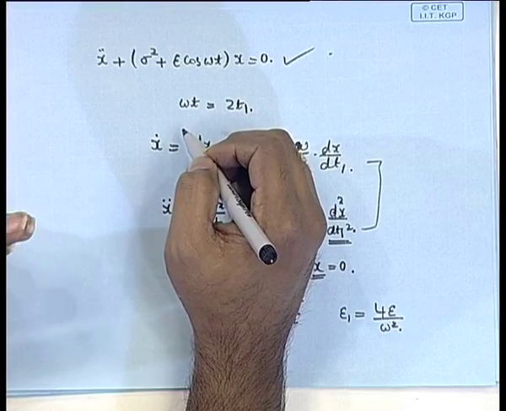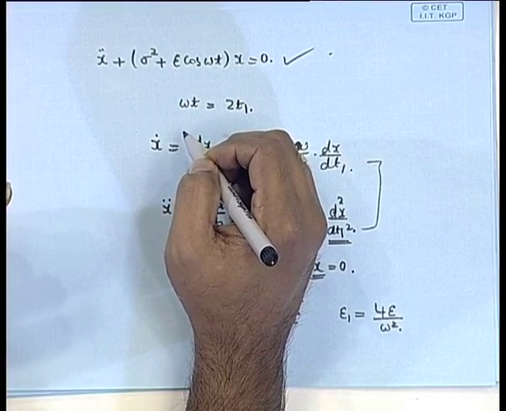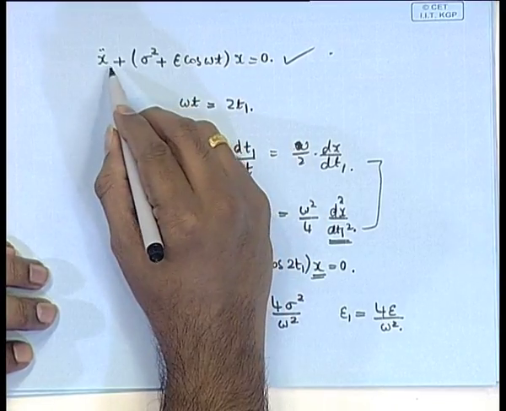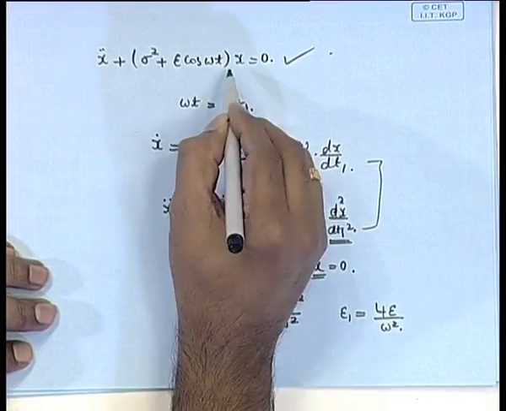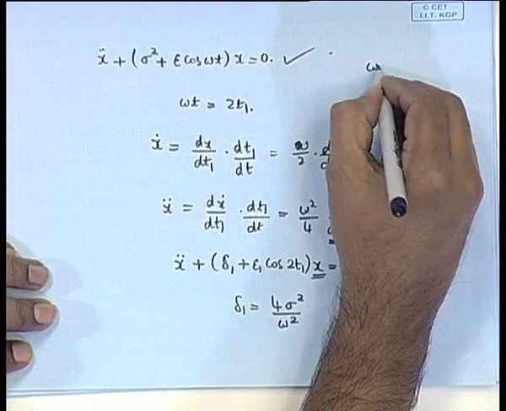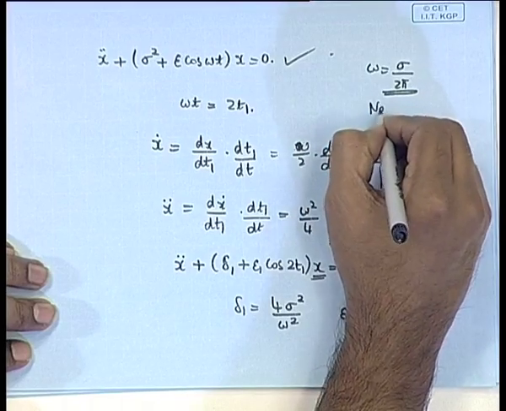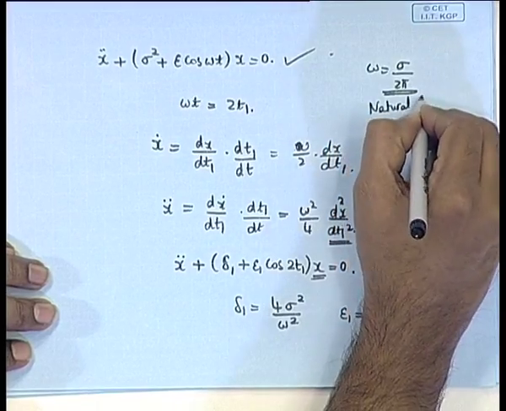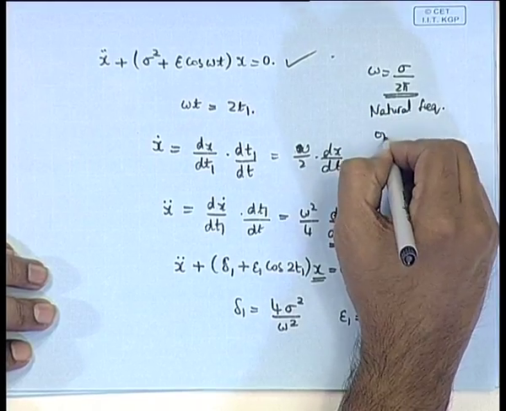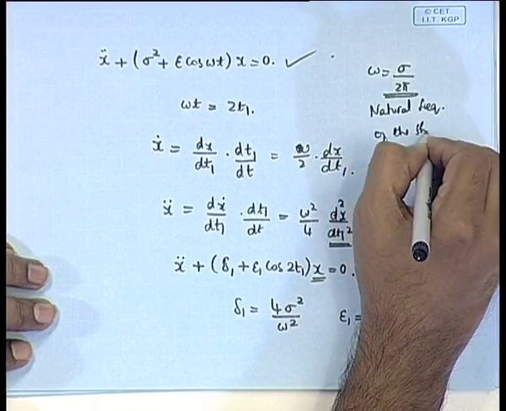That will be the case in the ship. So, if you put this to 0, you get x double dot plus sigma square x equal to 0, and your omega will become sigma by 2 pi. This is known as the natural frequency of oscillation of the ship, or the natural frequency of the ship.